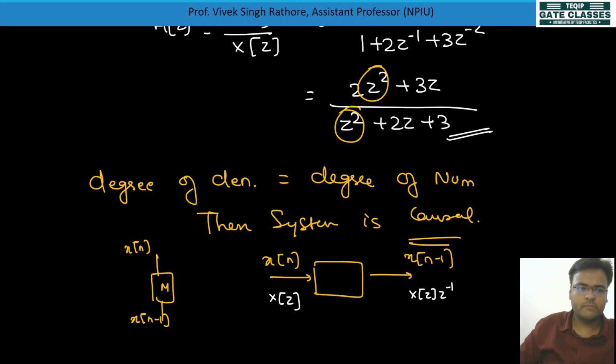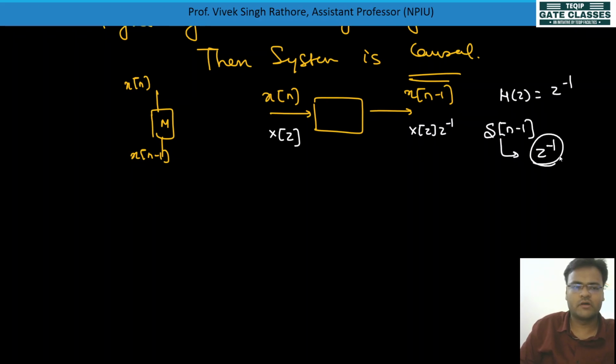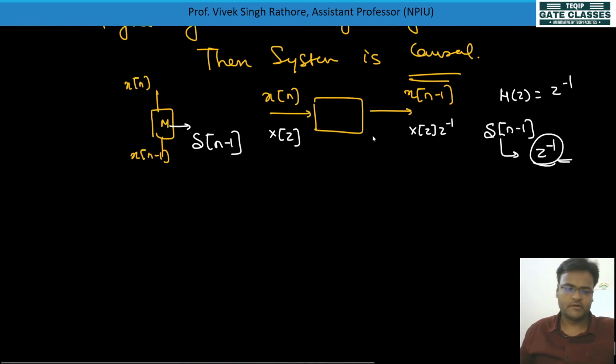So if you take output by input, you will get H of z as X of z into z minus 1 over X of z, so you will get z minus 1. And whose z transform is z minus 1? Delta of n minus 1. If you take the z transform of delta of n minus 1, you will get z to the power minus 1. So ultimately this delay factor is nothing but delta of n minus 1. So wherever I have written this m, this is nothing but delta of n minus 1.